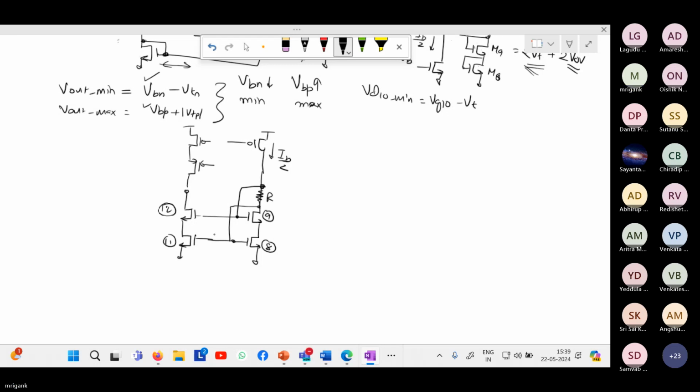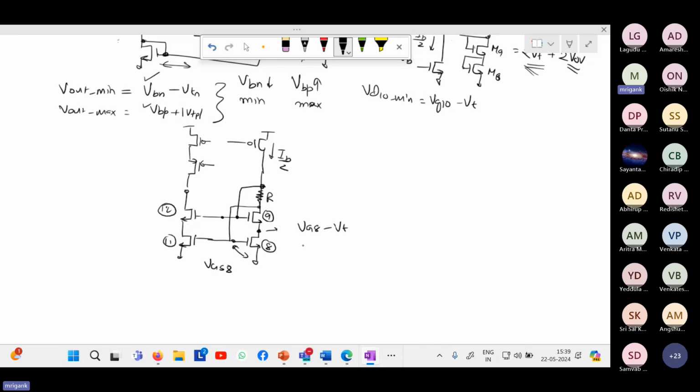So now, in this case, what is the gate voltage here? Minimum gate voltage here is your VGS8. So this is VGS8. And the minimum voltage that you can have at this point is going to be VG8 minus VT.